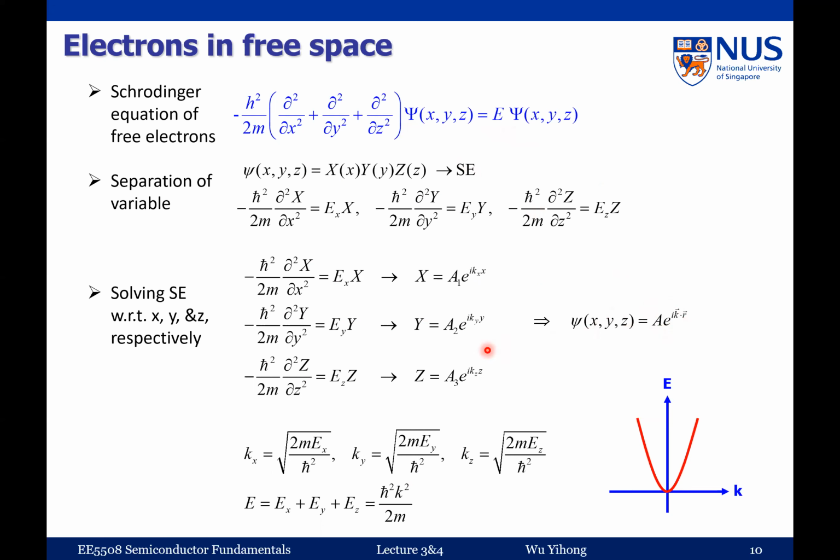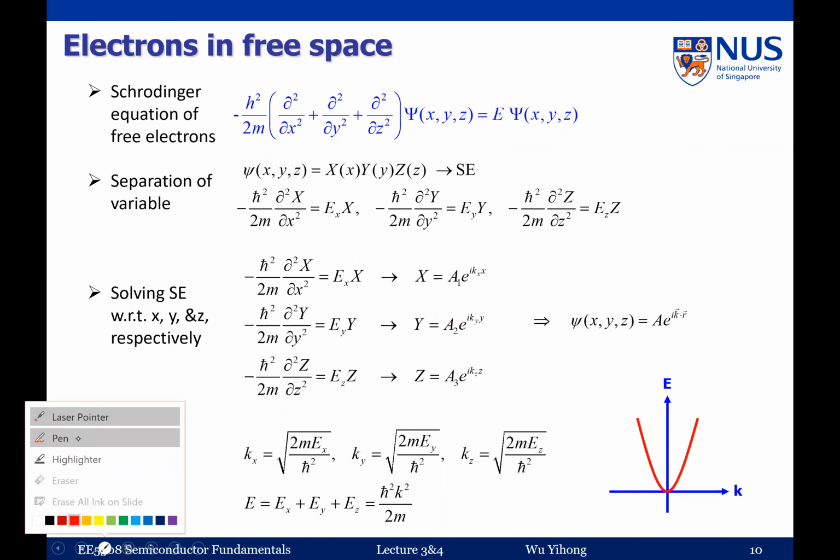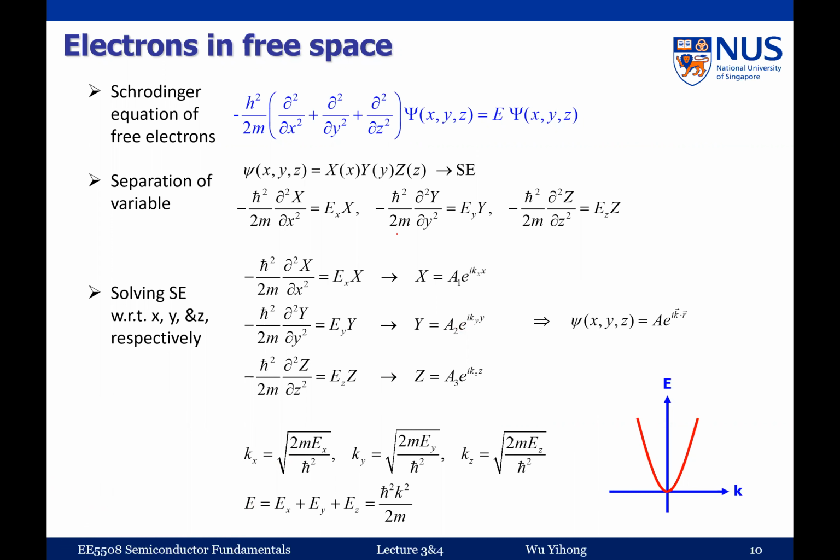Now, once we know this, of course you can substitute this in, because you differentiate this one twice, and then you get Ex. So the Ex basically is given by, okay, if you substitute this one here, you see what you have. And then you have minus h squared over 2m.